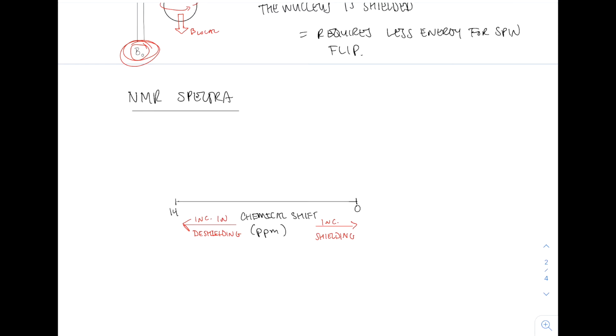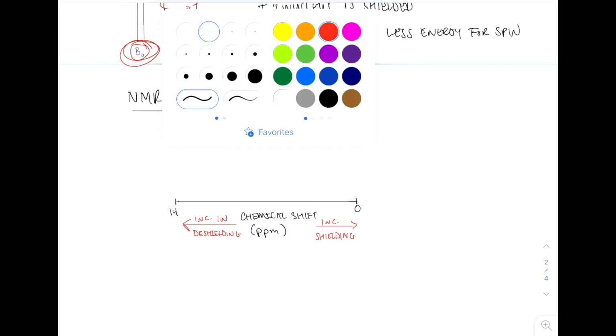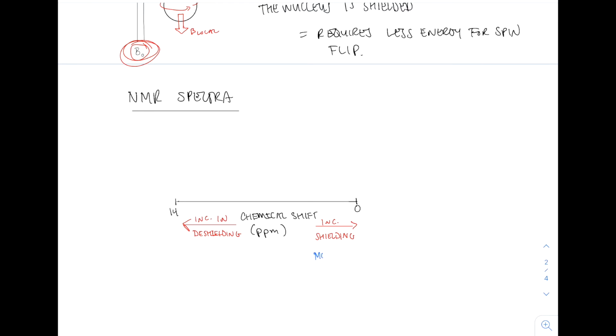So what that means is on the right side we're going to have more electron density, right? Because if there's more electron density around the nucleus that we're observing, then it's going to cause more shielding because we have more of an opposing magnetic field created by this electron density.